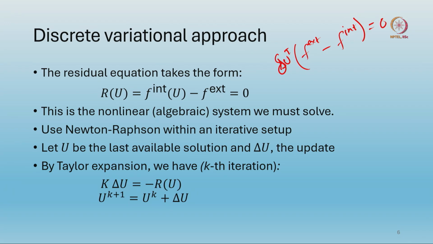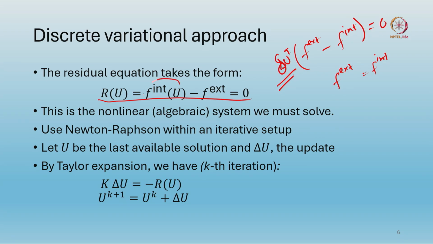So for any arbitrary such delta U, if this 0 has to be realized on the right hand side, the only way of ensuring that is that F external must be equal to F internal. This is similar to the localization principle that we have been talking about. The difference between F internal and F external gives us what is called the residual, which is now a function of u.